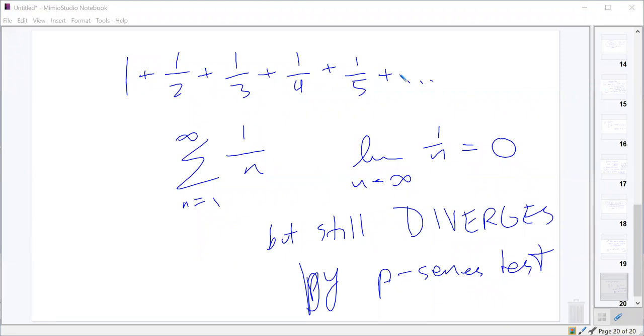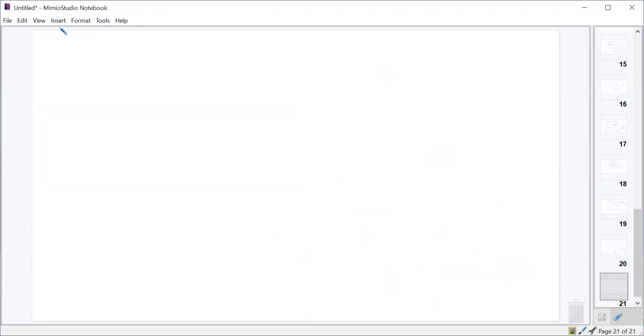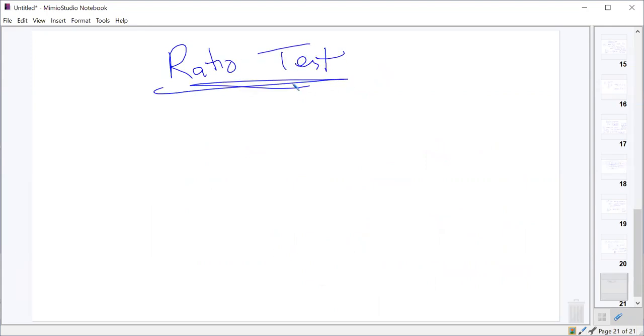All right. Let's see here. We talked about absolute convergence implying convergence. The next test I think that we should briefly touch on is probably the most important of all of them, the ratio test. Right? The ratio test comes up all the time.